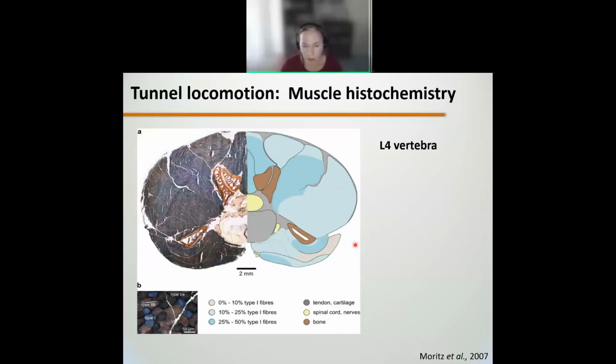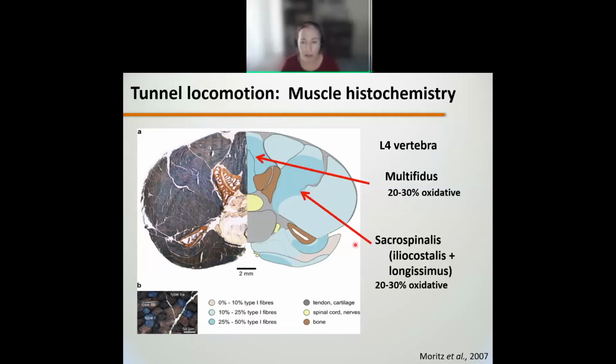So while I was at Brown, I got to overlap with Sabrina Moritz, who had happened to have done a PhD on a related problem. So she looked at the epaxial musculature in ferrets, and in particular at the multifidus and the sacrospinalis. These are two muscles located in the lumbar region of the back of ferrets, and they're supposed to be really important in helping to maintain that beam-like posture as the animal is moving through a tunnel.